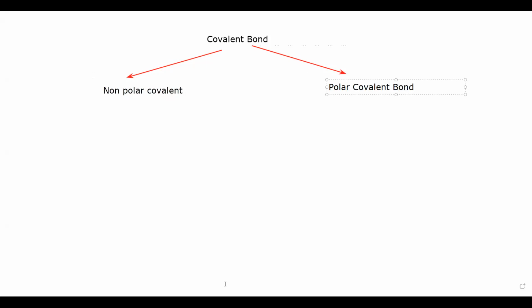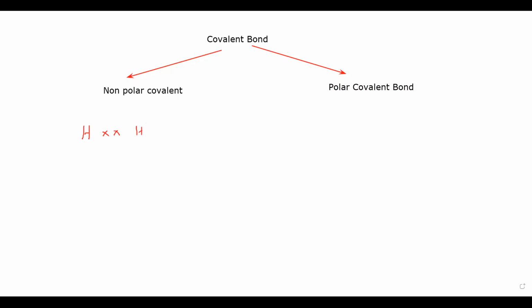So when the bond is formed between two or more non-metals, then this bond can be categorized as polar or non-polar. What is the difference between polar and non-polar? Because non-metals have the tendency to attract the shared pair of electrons. So we have hydrogen here, for example, bonded with another hydrogen.